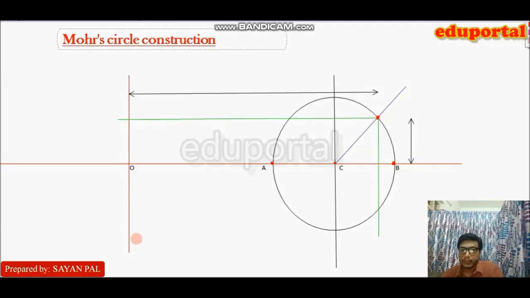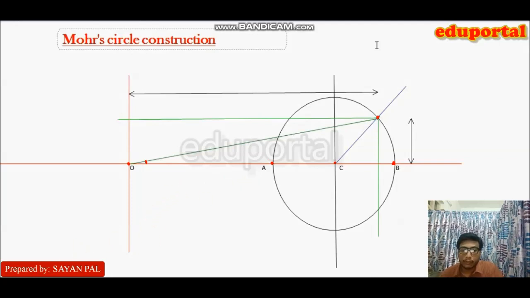So we now have sigma theta and tau theta. Now we join the origin to the point at which the plane intersects the Mohr circle, and we get the angle of obliquity.